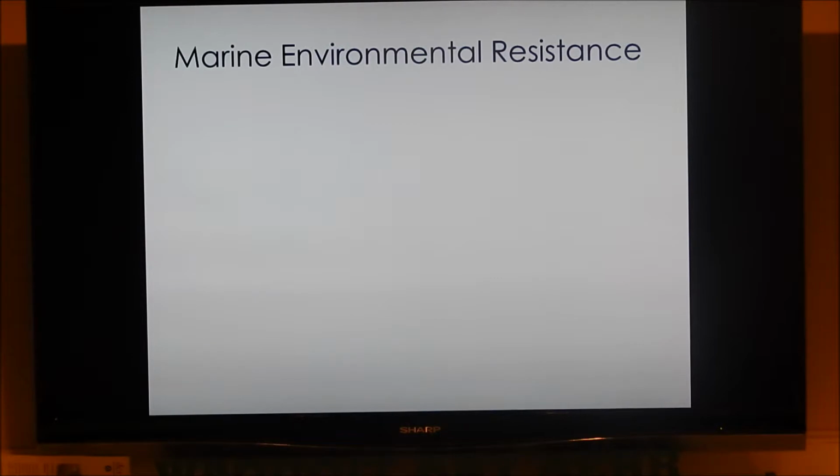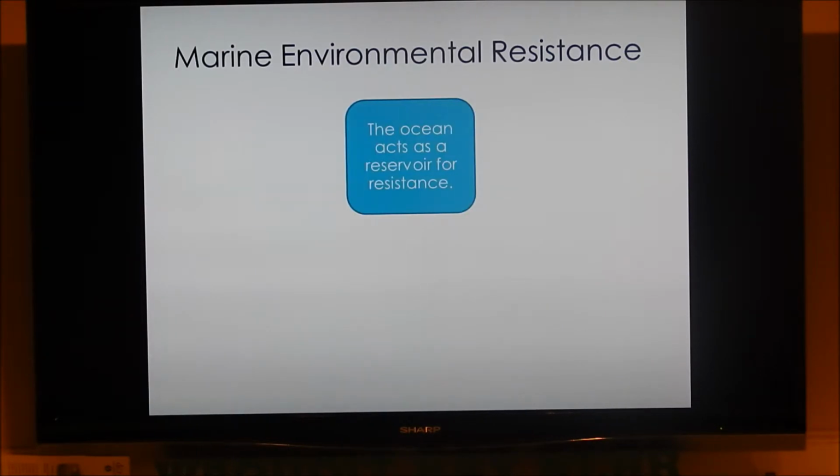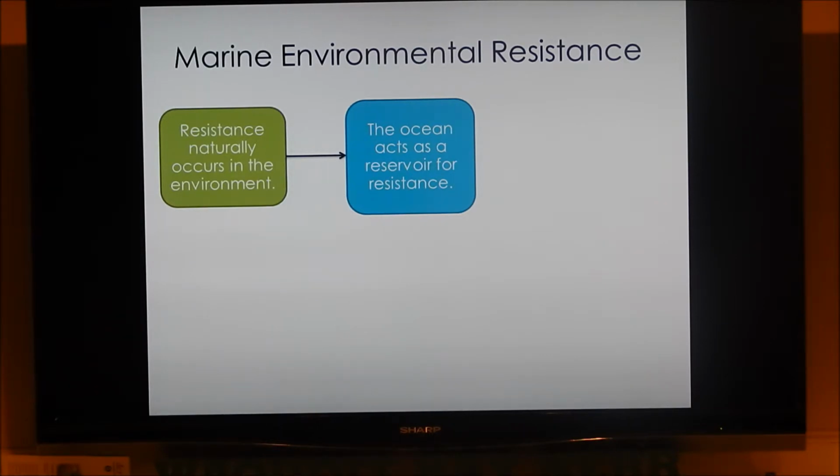So now that we know about antibiotics and antibiotic resistance, I want to pull this all together into the marine environment. Starting off, we think of the ocean as a reservoir for resistance, because it has 2 separate inputs. One is that resistance naturally occurs in the environment, as we talked about, so it's already there in normal marine bacteria. But we also have human inputs that bring in antibiotics through various wastes.